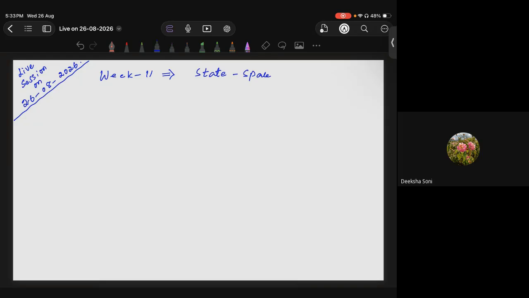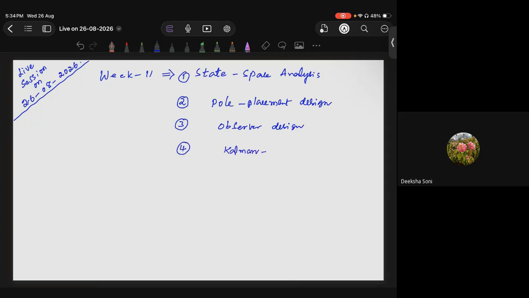State space analysis, then pole placement design, then observer design, then Kalman filter. Now, week 10 and week 11.